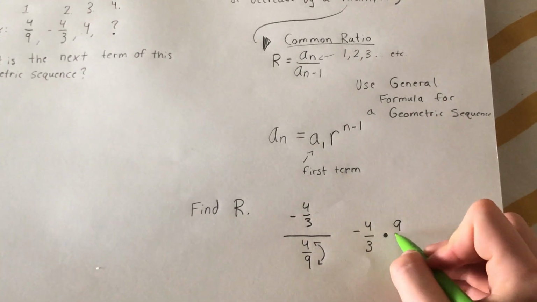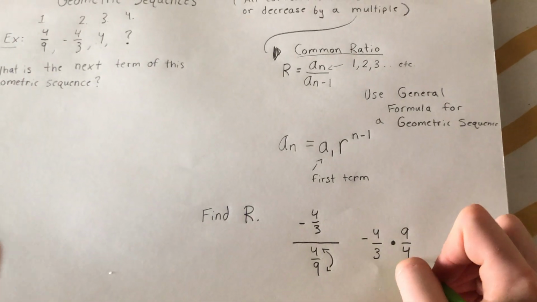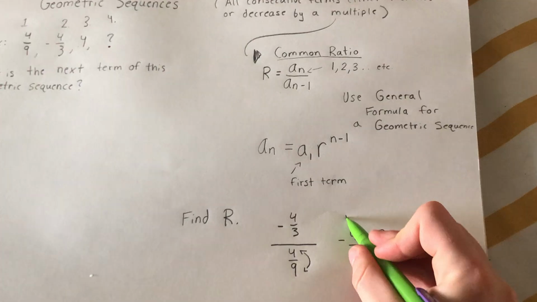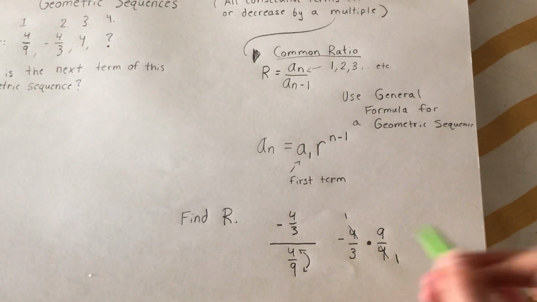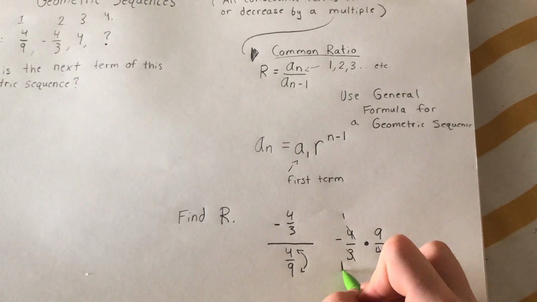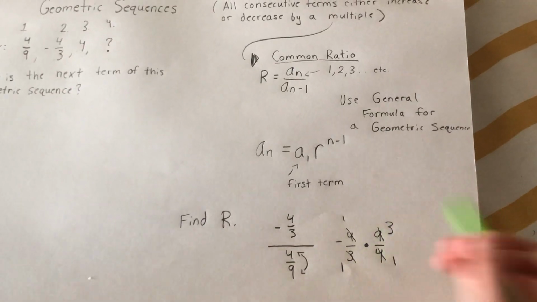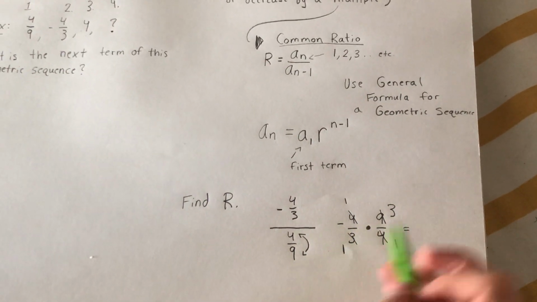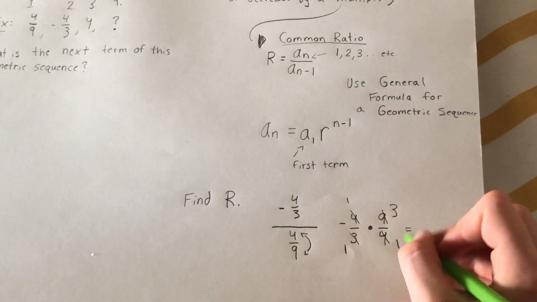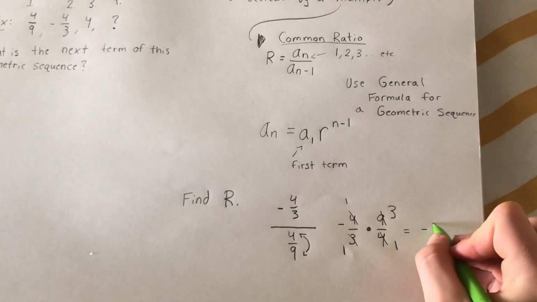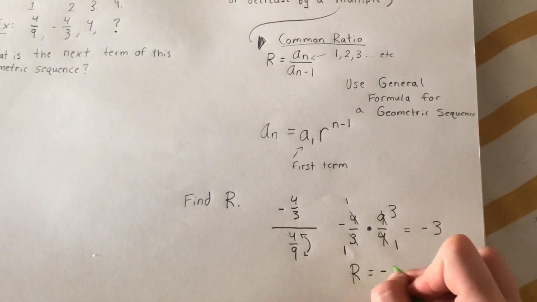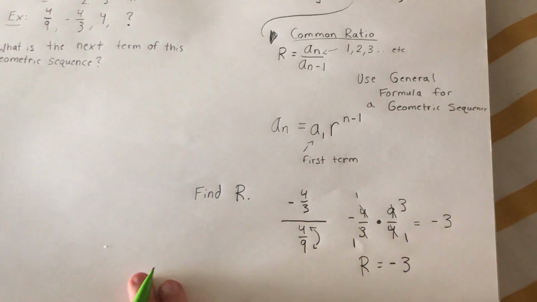So you're going to take 9 divided by 4. I can simplify. These are both divisible by 4. This is divisible by 3, and this is divisible by 3. Then I can multiply these two and multiply these two. That's 3 divided by 1. There's a negative, so it's going to be -3. So r equals -3.